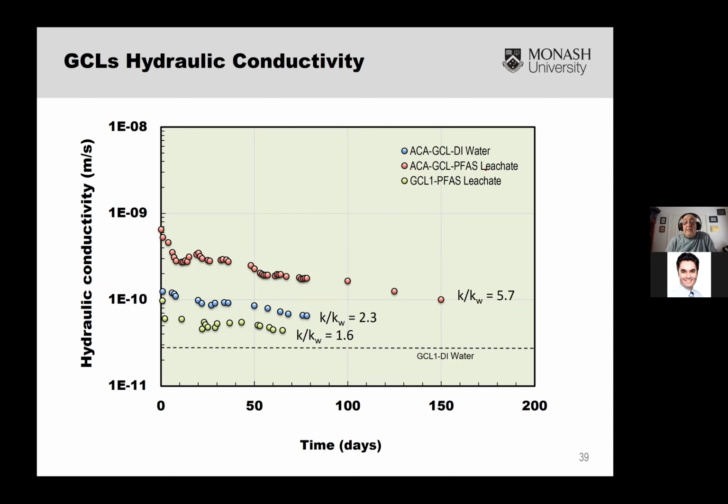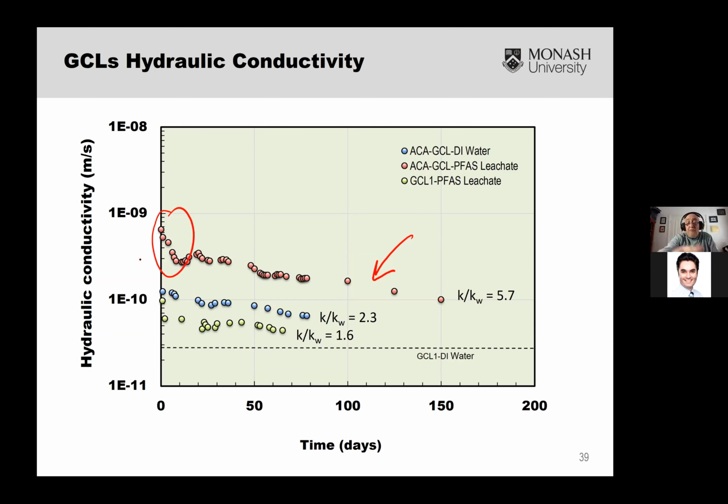Now, if we look at the activated carbon amended GCL, as well as the non-amended GCL with PFAS leachate as a permeant, we have a different outcome. So what you see here is the amended GCL with PFAS leachate as permeant. You have a hydration phase.